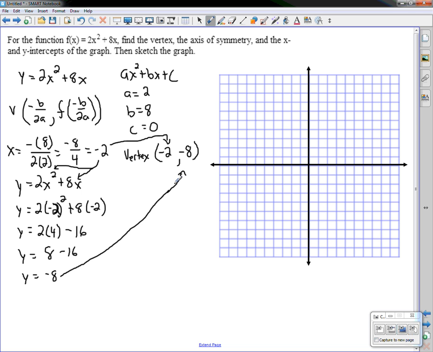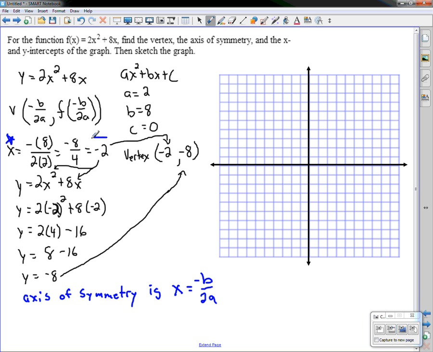Once you know the vertex, your axis of symmetry is pretty easy to find. So our axis of symmetry is x equals negative b over 2a. Well, we've already found negative b over 2a.